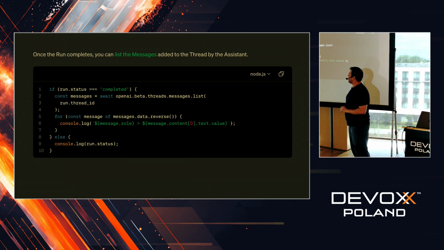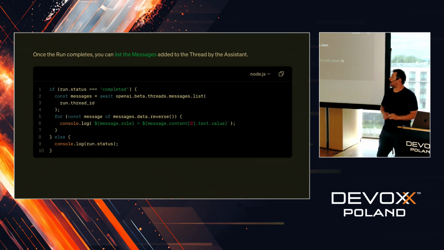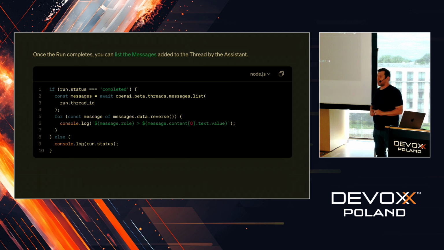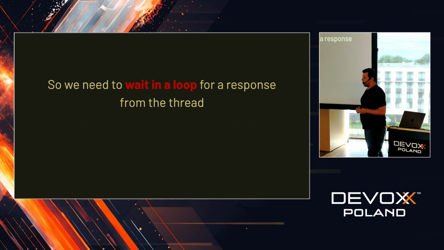Inside the loop, we should check if our run is completed, if we have messages, or what will happen after that. If there is a success, we can process our messages and put them, for example, from our backend or from our application to the user interface. So currently, we need to wait in a loop for a response from the thread.